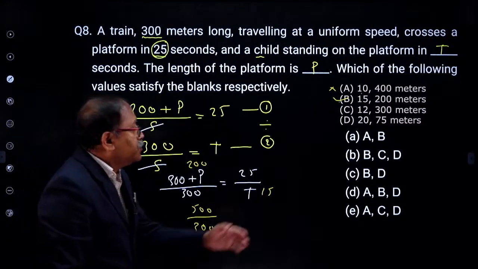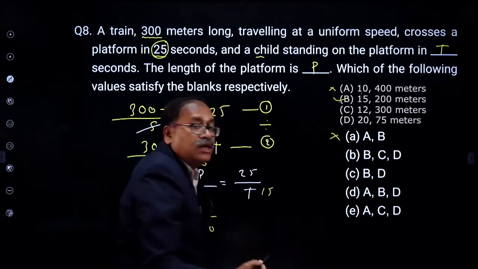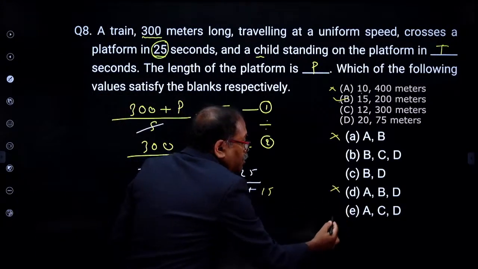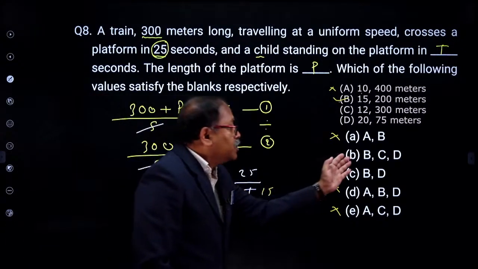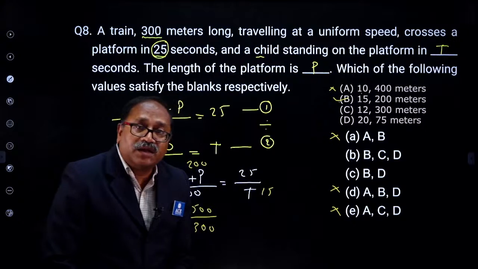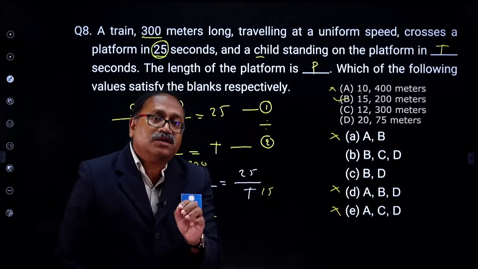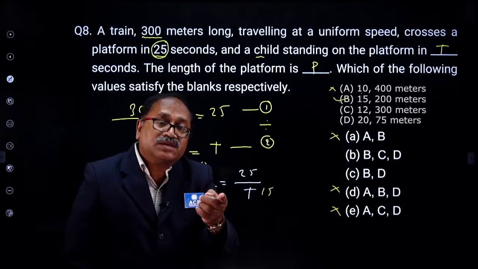B satisfies. But when I look at the options, wherever A is there, I can eliminate because A has not satisfied. So eliminate A, eliminate D, eliminate E. Now there is a combination of B, C and D, and there is a combination of B and D. That is the only thing which is left. So I will check C. What if C is correct?